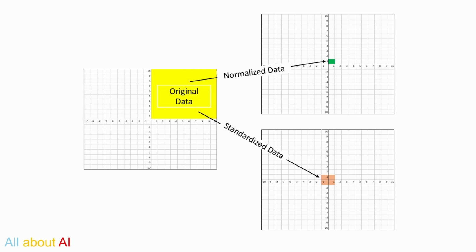That's what normalization is doing. Now come to standardization. You can see because it's making the data mean 0, the data will be spread across this space, which may be positive, negative, but ultimately the variance will be 1 and the mean will be 0.